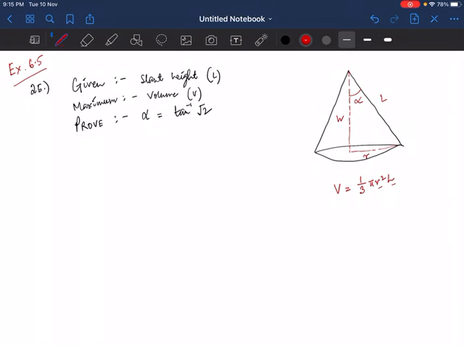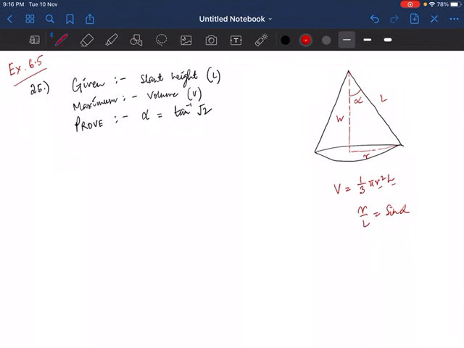How do we do that? If I look carefully, the height, the radius and the slant height create a right angle triangle. By looking at the diagram, r by L is equal to sine alpha, because the side opposite the angle over the hypotenuse is sine alpha.